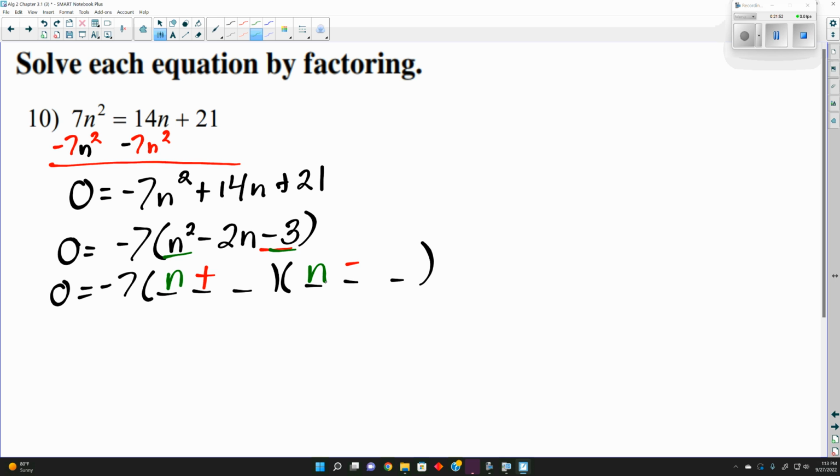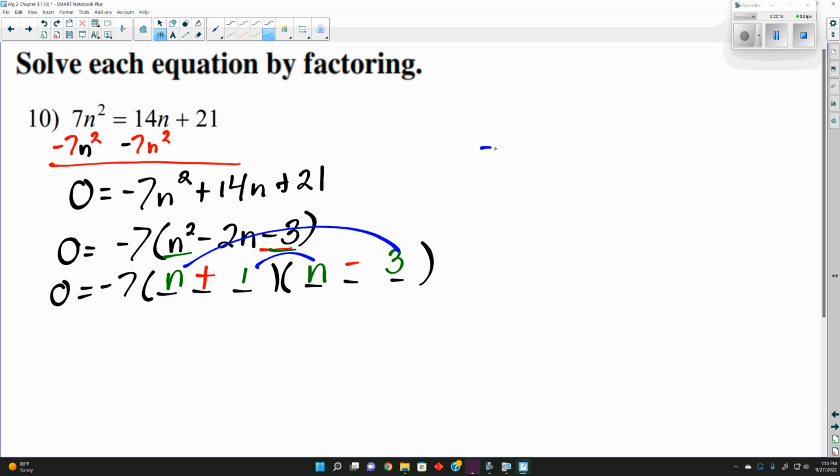Now the factors of 3 are 1 and 3. We want 1 to be positive and 3 negative. Well, we're doing that because the middle term is what? Negative. So we're hoping that if we make the bigger number negative, the middle term will be negative when we check it. So we distribute here.